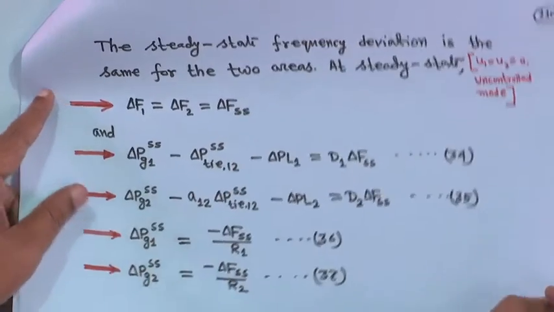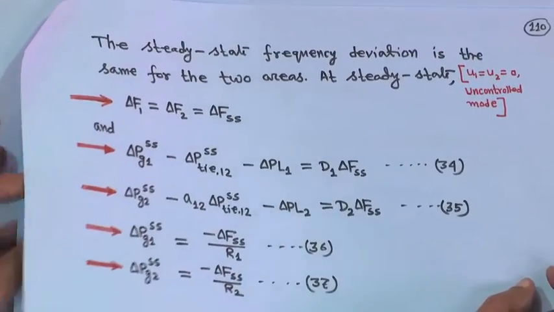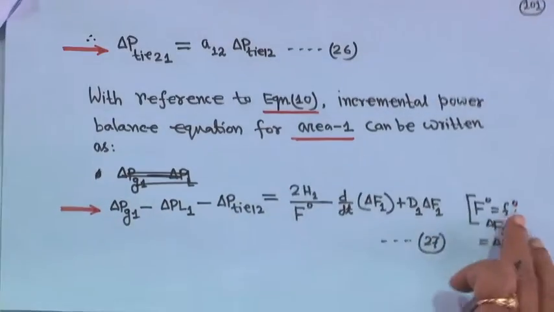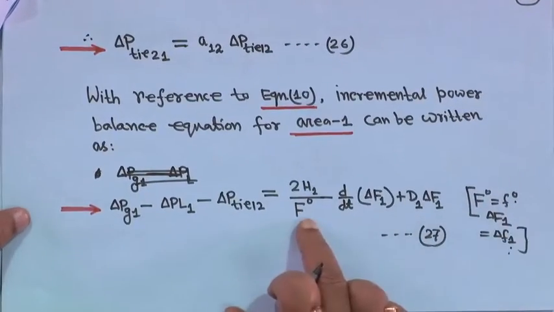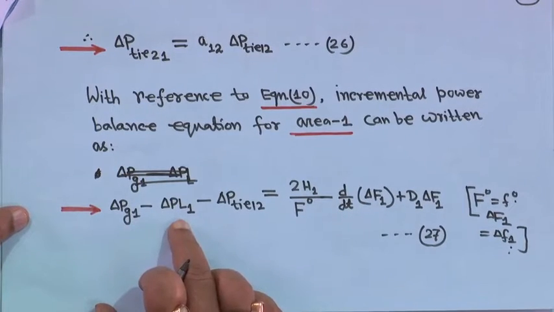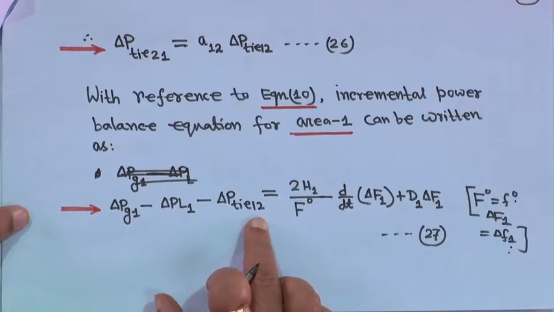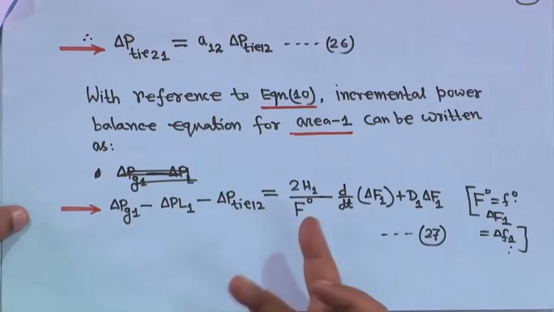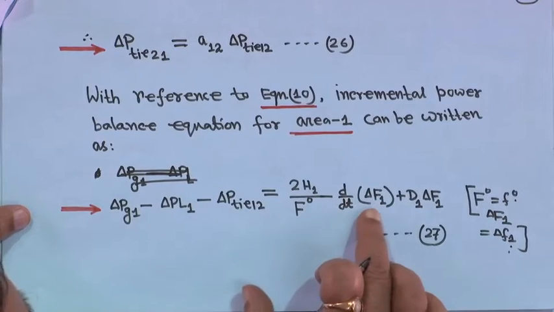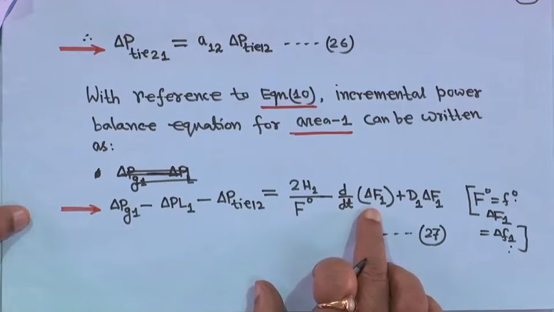Therefore, for the power balance equation, at steady state it will be delta Pg1 ss, the load disturbance, and delta p ti 1 2 ss. From our general knowledge, I told you that the derivative of any state variable will become 0.